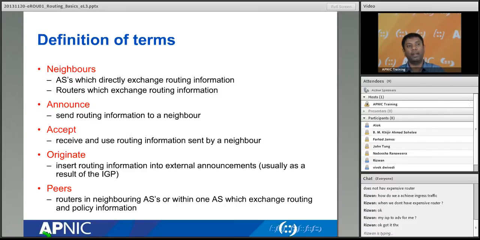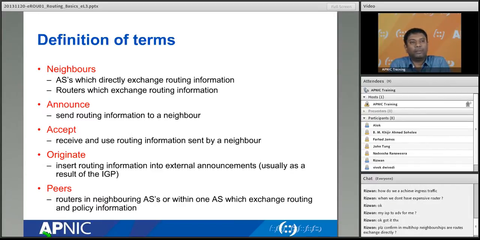That's what we call neighboring AS. And if you see the two neighboring AS, not necessarily all the routers of AS10 are connected to all the routers of AS20, right? Probably only a single router of AS10 is connected to a single router of AS20. So when those two routers connect to different ASes, those two routers are considered neighboring routers, right? And from the bigger point of view, those two ASes are considered neighboring ASes. All right.